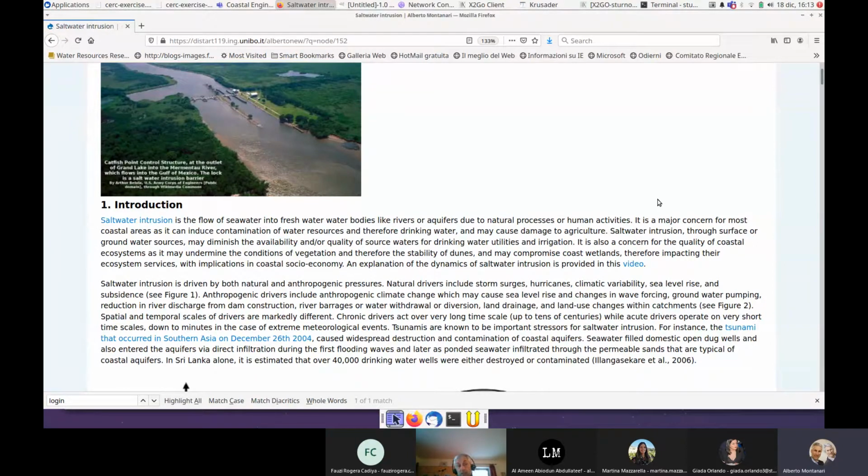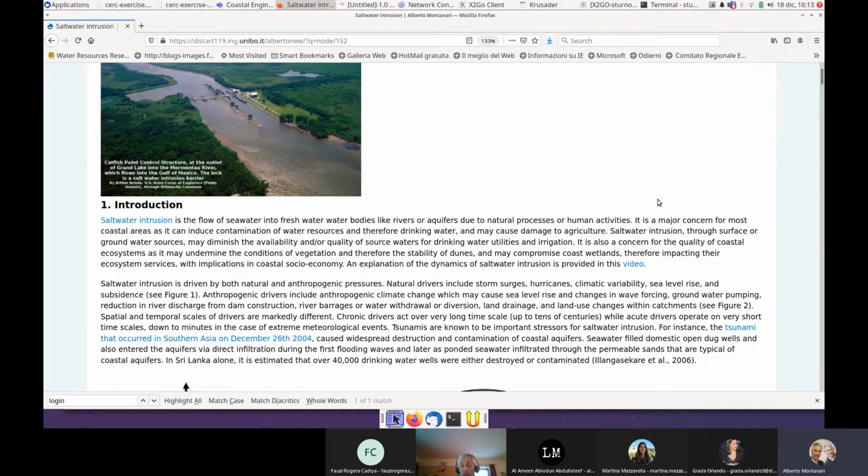And besides the saltwater infiltration that comes from inundated areas, tsunamis, by putting a lot of pressure by salt water on the beaches, increase saltwater intrusion directly from the sea, not only from the land.